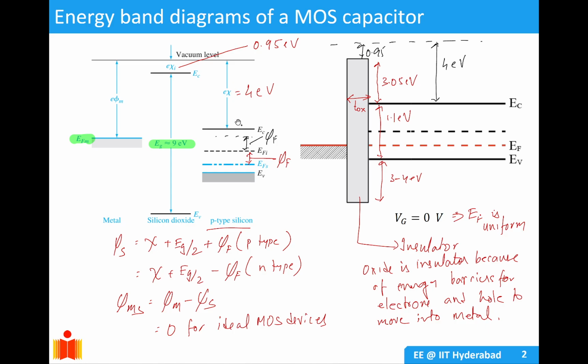For the semiconductor, we have the conduction band, the valence band, the mid gap, and the Fermi level. The Fermi level is determined by the doping. You have the electron affinity of the semiconductor, which in case of silicon will be around 4 eV.